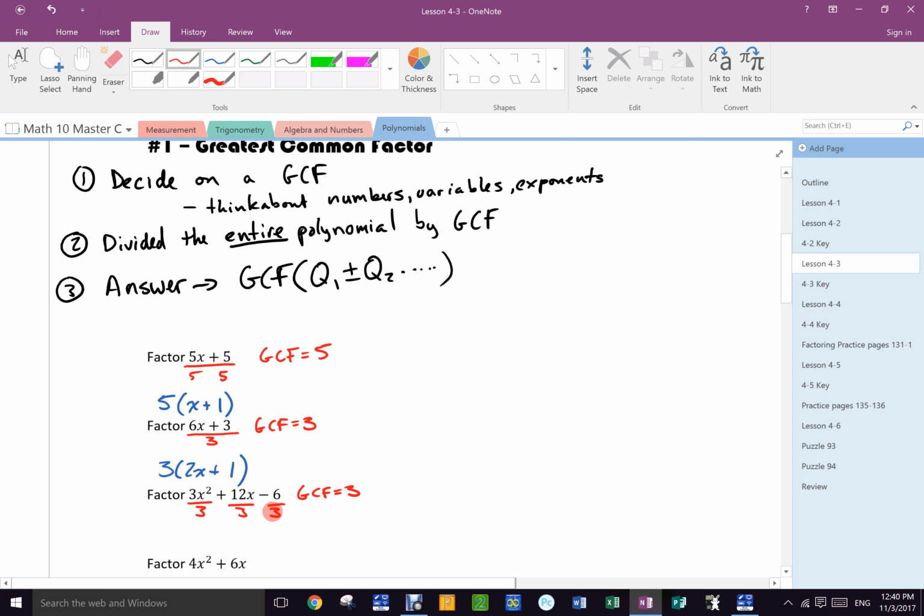How do I write my answer? What do I write first? 3. Then all my quotients. What's the first one? X squared. Plus, what's the second one? 4x. Minus, so what's this one? Negative 2. And I'm done. Pretty easy, right?